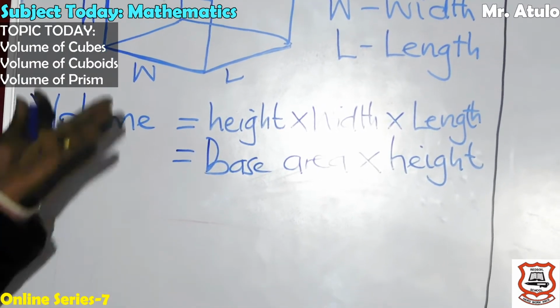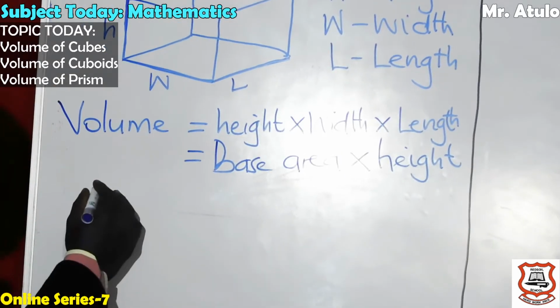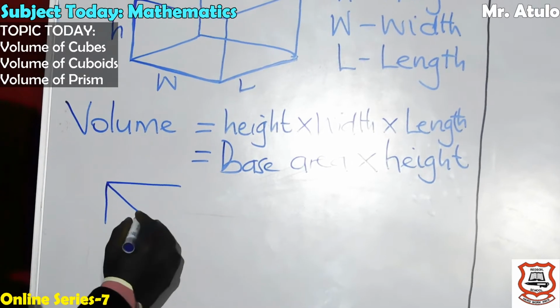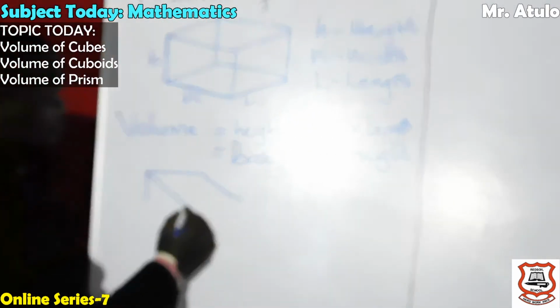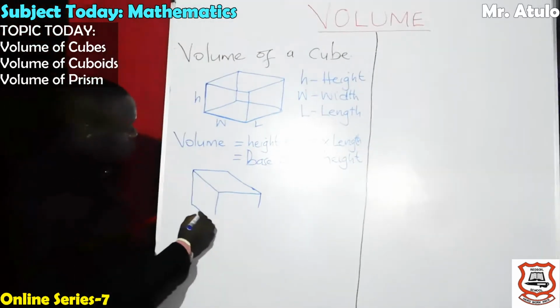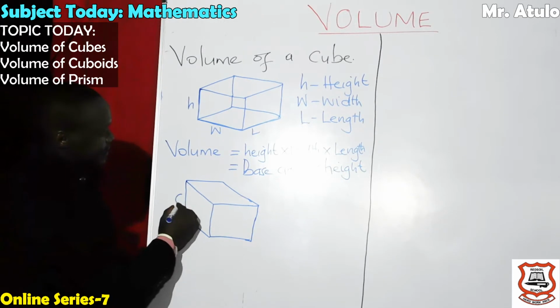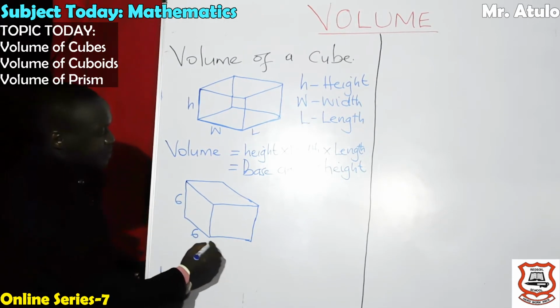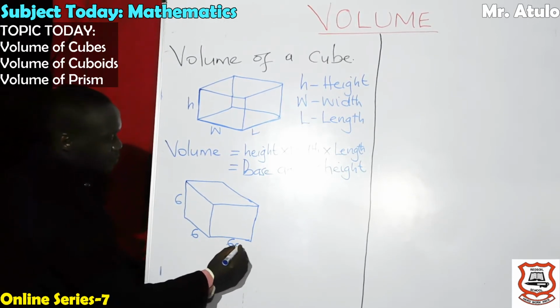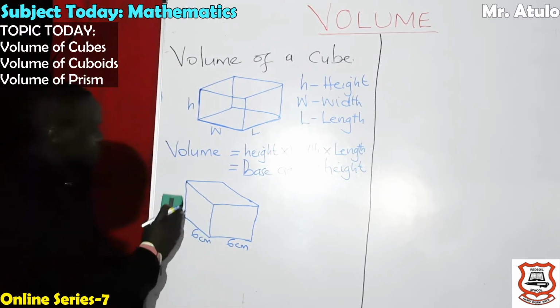So let's give it some value. If, for example, we are asked to find the volume of this cube, this side is 6. Definitely this side is also going to be 6, and this side is going to be 6. 6 centimeters, 6 centimeters, and 6 centimeters.